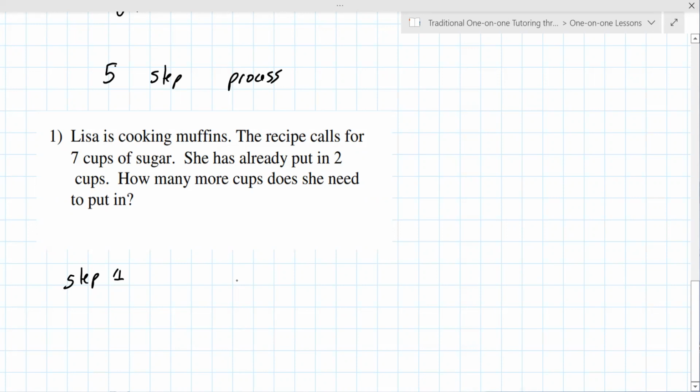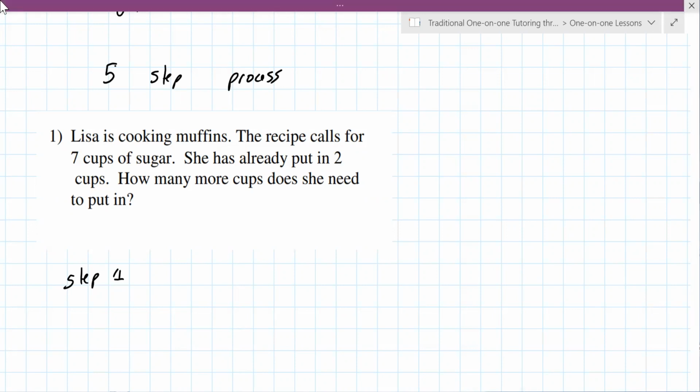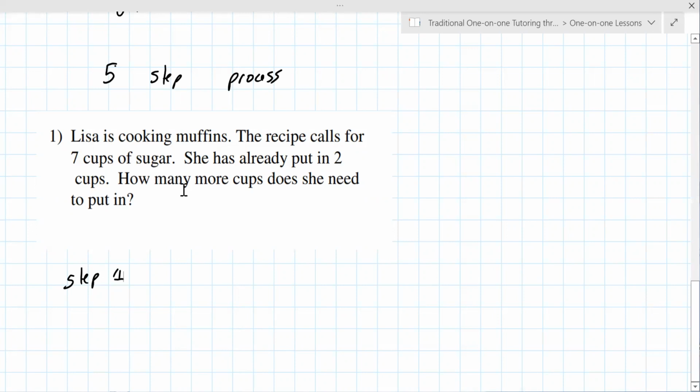I would recommend not rewriting the question unless your instructor really wants that. That's what my instructor wants us to do, to find what's most useful in the question and write that down. Let me just interject and say the better way to write this is the number of cups still needed.